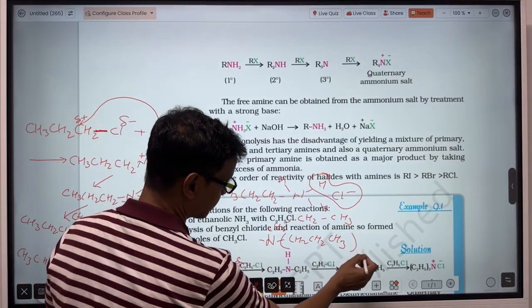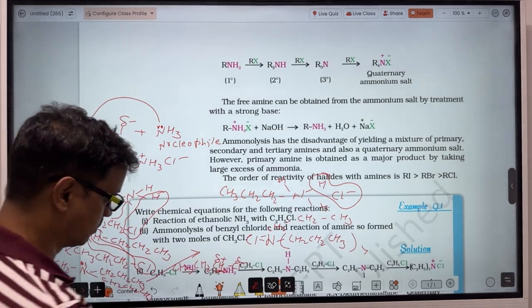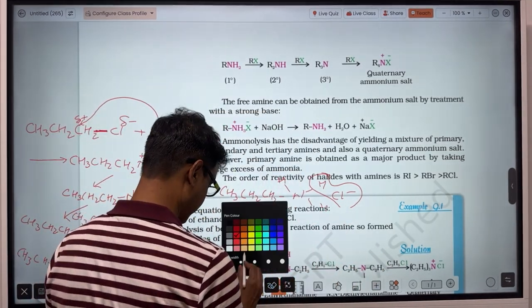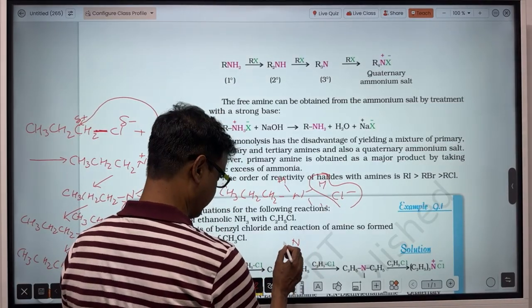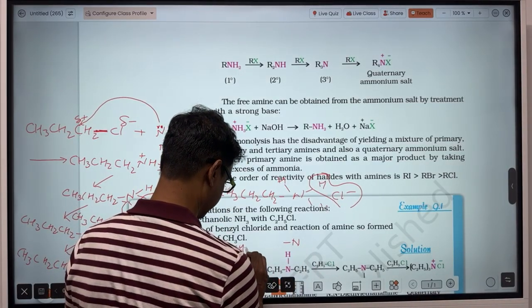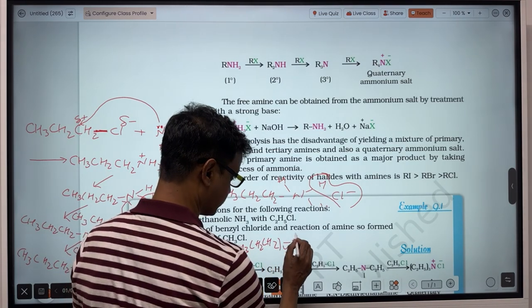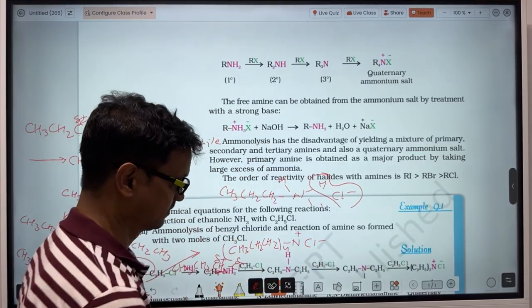Or directly I am writing here 4, and Cl minus will be attracted here. So the structure will be like that. Here will be nitrogen and the four alkyl groups bonded here. So here positive charge will appear on this nitrogen, and here Cl minus.